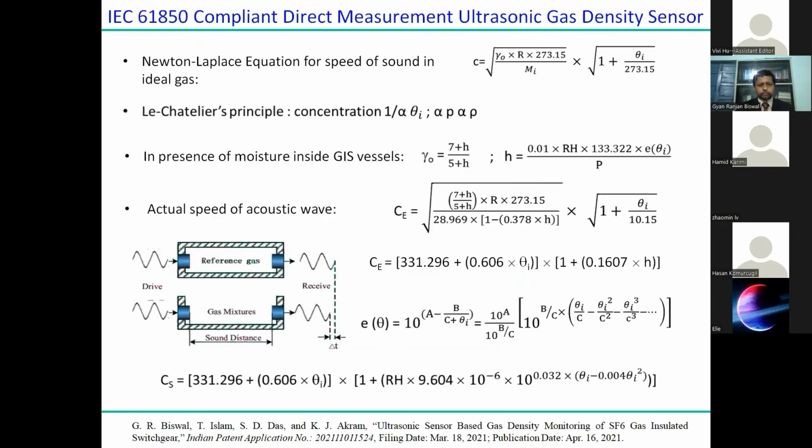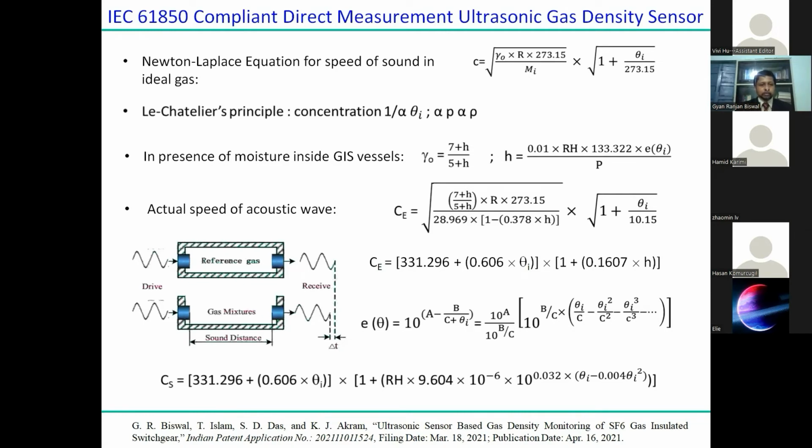Fine. So this is the basic principle we use, where you can see at the bottom that the speed of the acoustic wave is a function of the temperature and the relative humidity in real time. In a closed environment, when the density of the gas is reducing and you penetrate an ultrasonic wave through it, the time of flight is going to reduce.